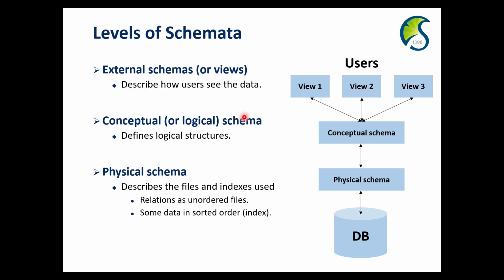This is also similar for the conceptual schema. For the conceptual or logical schema, we can design multiple relations, and based on those relations, we can store the data in the database. To store the data in the database, we need another schema called the physical schema. This physical schema is also independent of the conceptual schema.